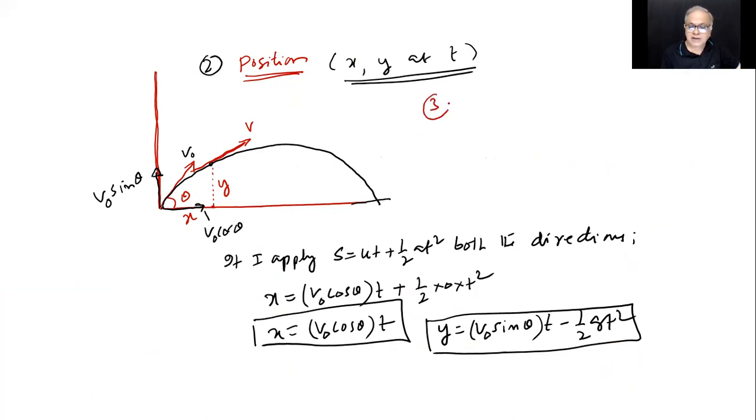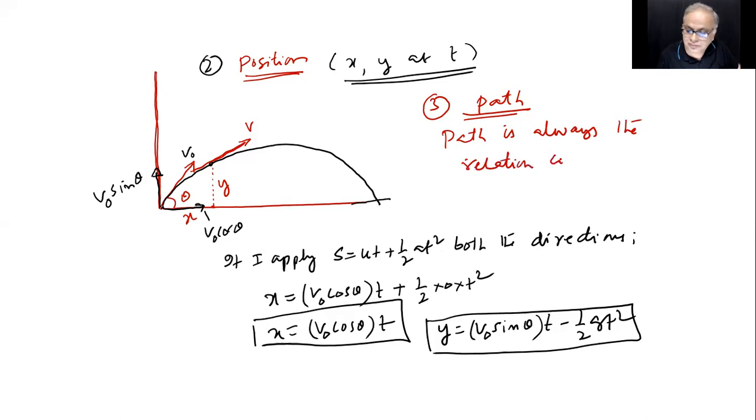Third, path of the particle. Remember, path is always the relation between the position coordinates. Position coordinates are what? X, Y, Z. Right? Path is always the relation connecting X, Y, and Z. So I should eliminate t from this x and y to connect x and y, isn't it?